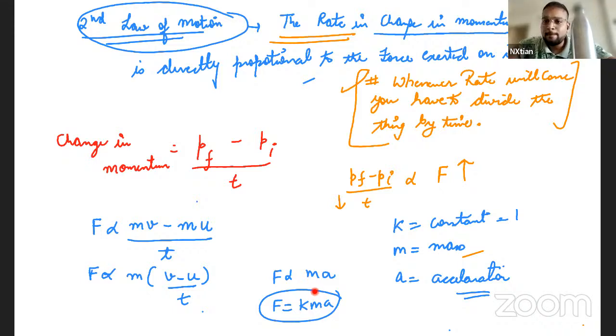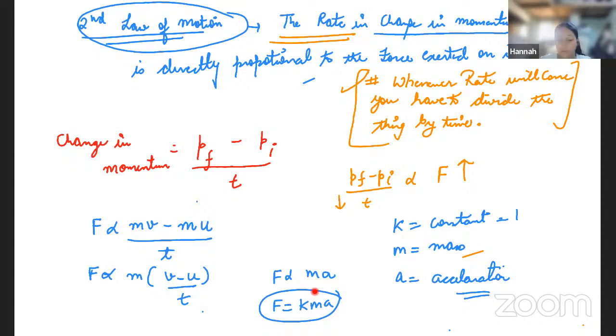Good. Ezekiel, any doubt, beta? No? Okay. Write it down. Quickly write it down. So what is mv minus mu upon t?